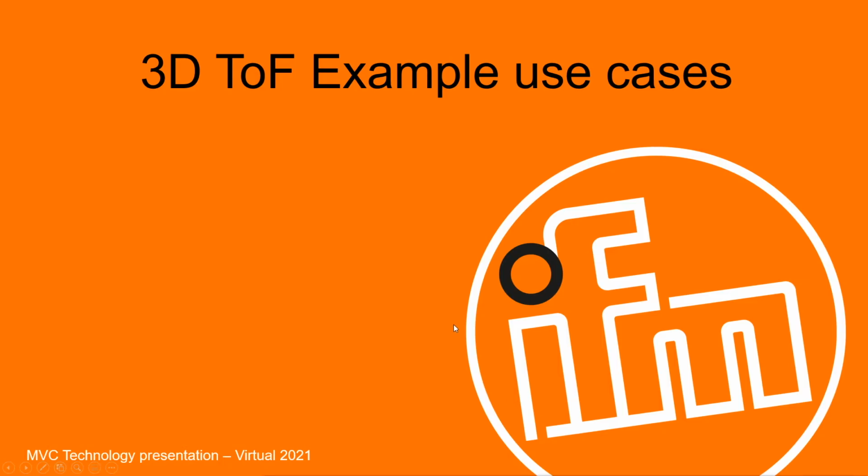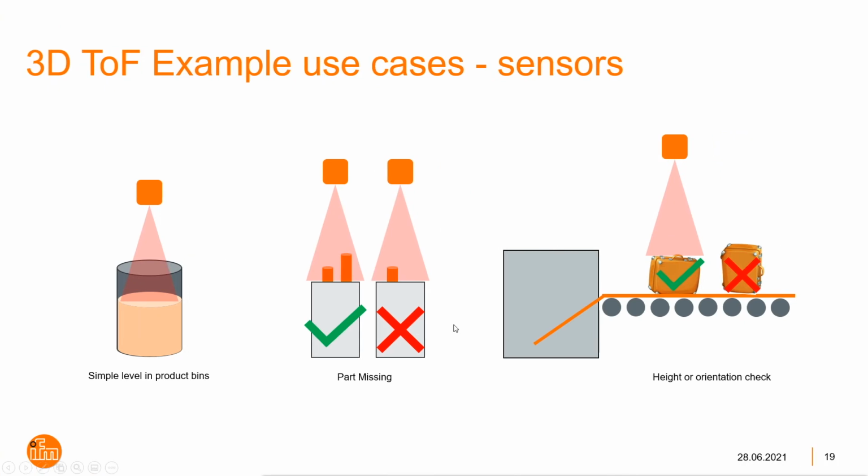Very quickly, let's look at some use cases then. Now, I've sort of done sensors and cameras. So this is a sensor. Level in a bucket, could be of dry goods, for instance. It's very good for dry goods. If you have dry goods which usually heap as you put them into a bucket, point level's not much use because it will only look at a point. Whereas if you put a 3D time-of-flight sensor on it, you can average that out, so you get a true look at what the level is in the bucket.